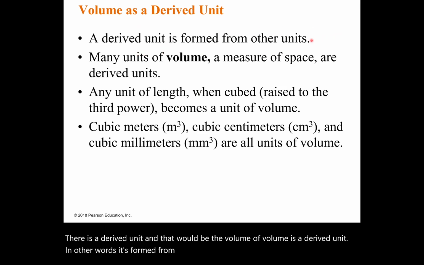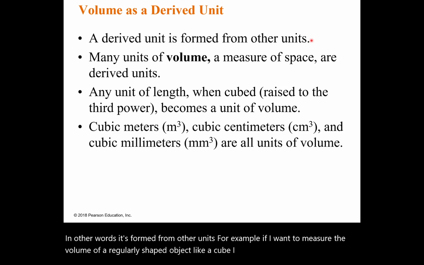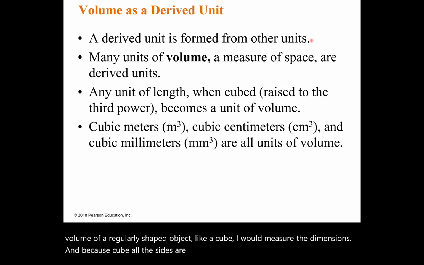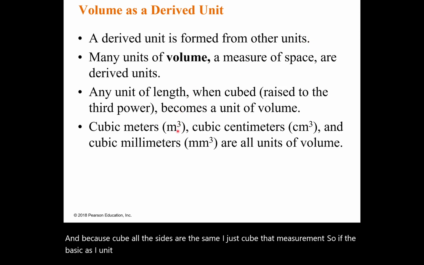For example, if I want to measure the volume of a regularly shaped object like a cube, I would measure the dimensions. And because it's a cube, all the sides are the same, I just cube that measurement. So if the basic SI unit for length is meter, then you would expect the SI unit for volume as a derived unit to be cubic meter.